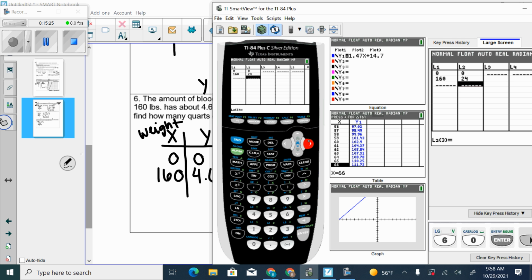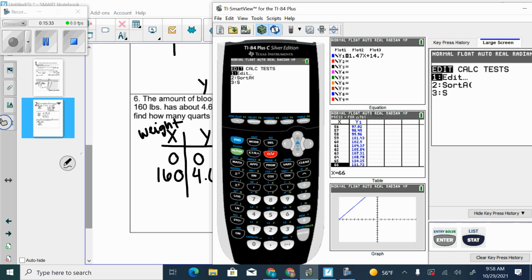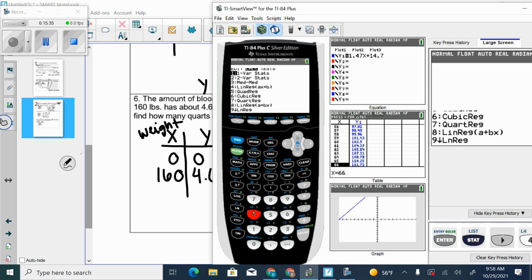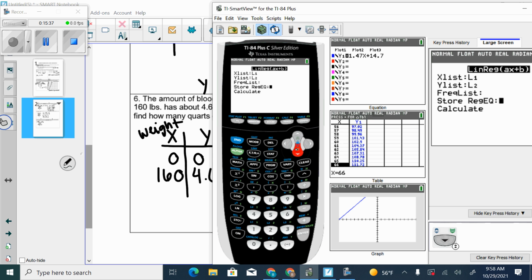And then I'm going to change my 24 to 4.6. Alright, go back to stat, calc 4, go down to calculate, and press enter.